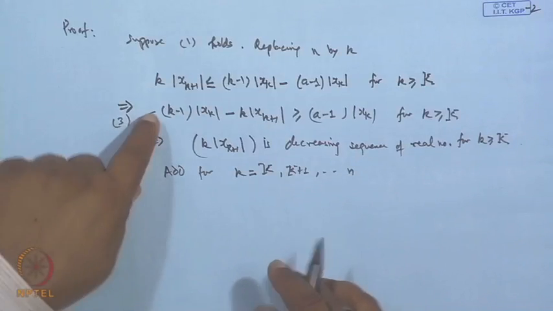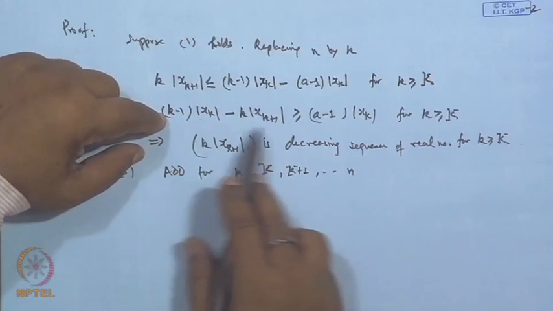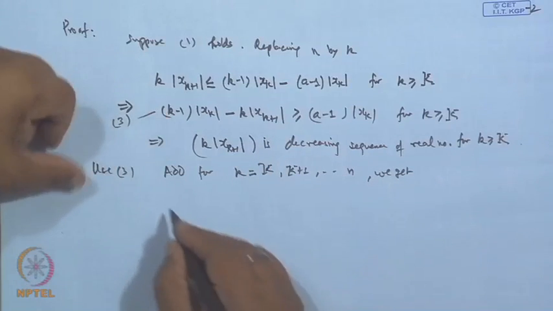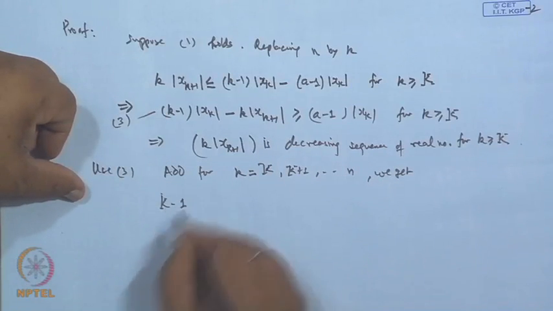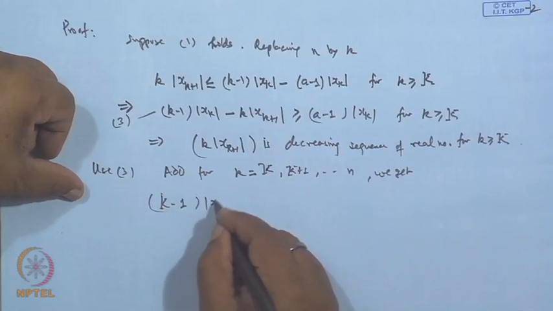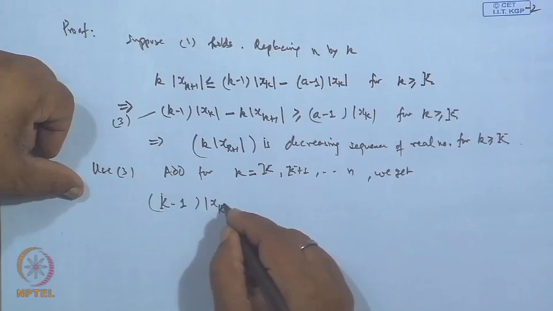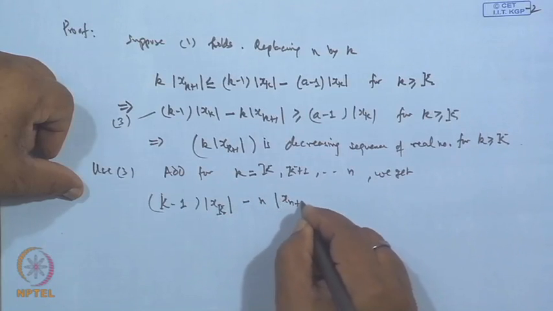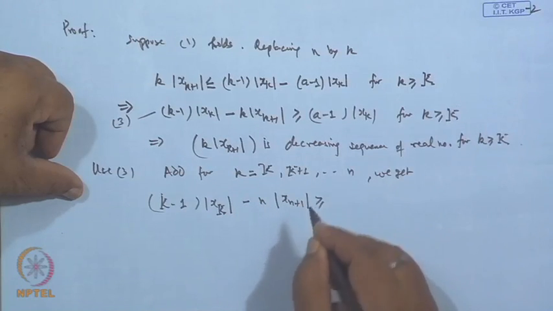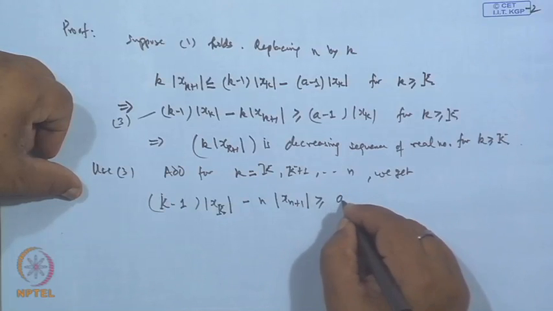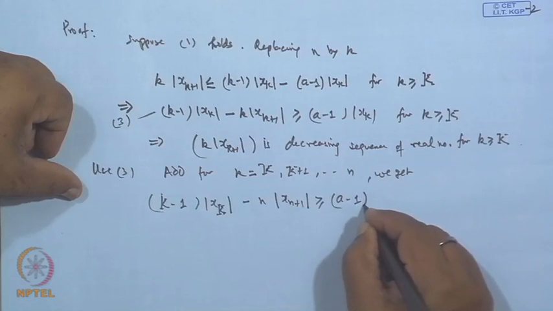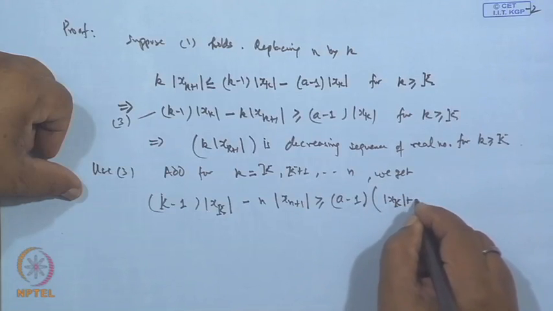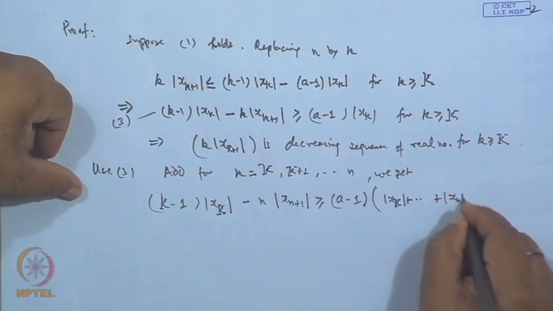So, when you add, this will automatically telescopically cancel a few terms, and finally we get capital K minus 1 into mod of x capital K minus n mod of x n plus 1 is greater than or equal to a minus 1 into mod of x capital K plus mod of x n.